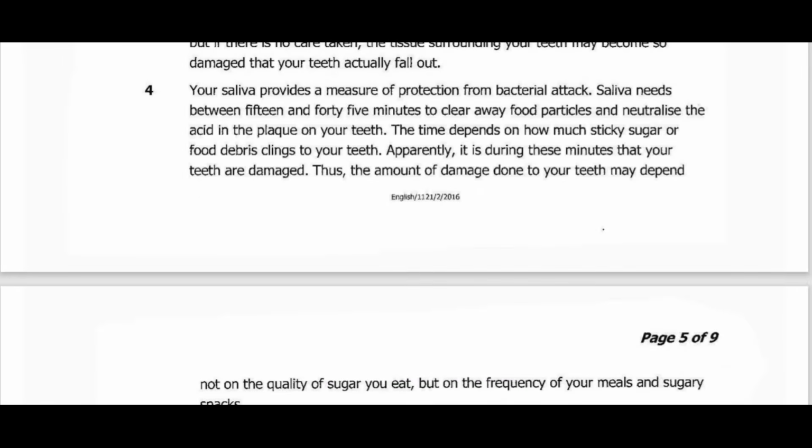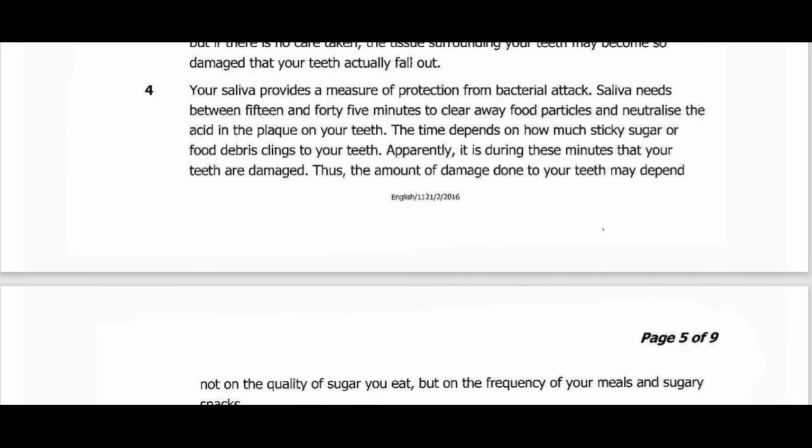Then 4, your saliva provides a measure of protection from bacterial attack. Saliva needs between 15 and 45 minutes to clear away food particles and neutralize the acid in the plaque on your teeth. The time depends on how much sugar or food debris clings to your teeth.